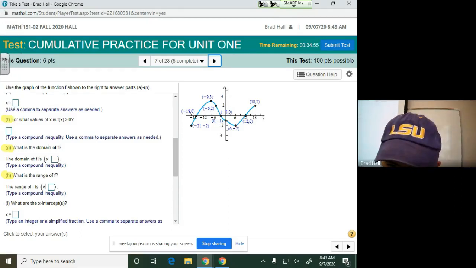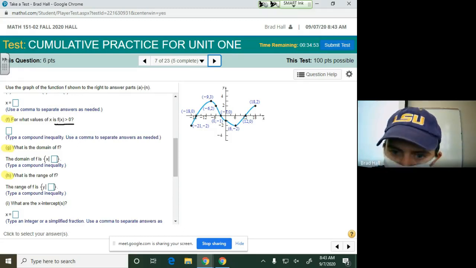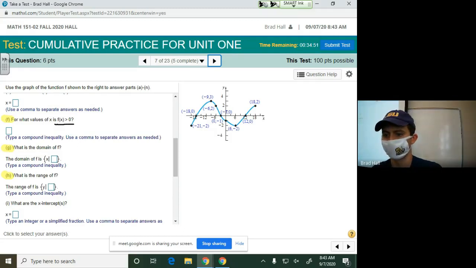So for part F, it's wanting to know when the function is greater than 0. So when the function is greater than 0, it's wanting to know for what x values is y above the x-axis.